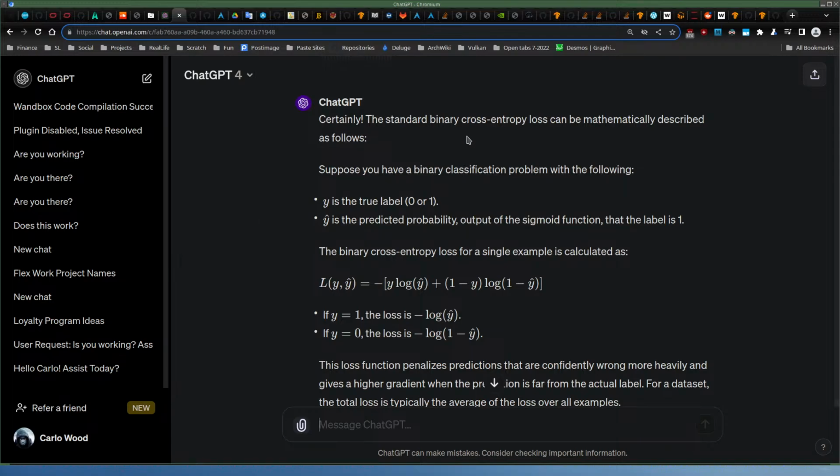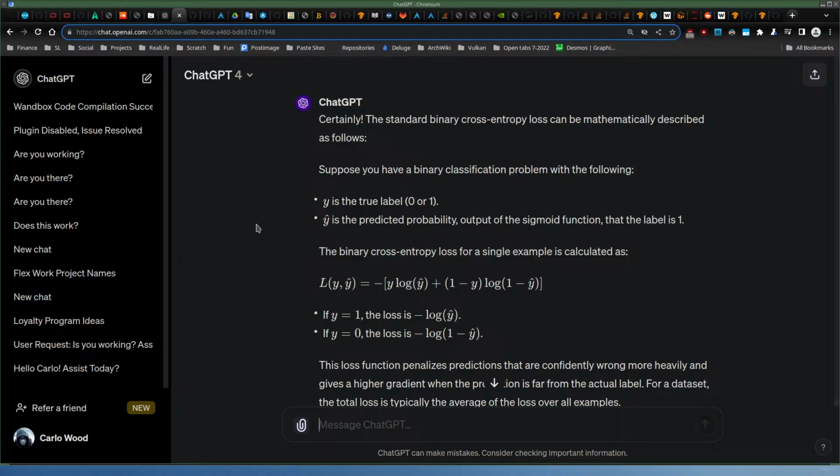The standard binary cross entropy loss can be mathematically described as follows. Suppose we have a binary classification problem, red-green, with the following: y is the true label, 0 or 1, red or green. Y cap is the predicted probability output of the sigmoid function that the label is 1.